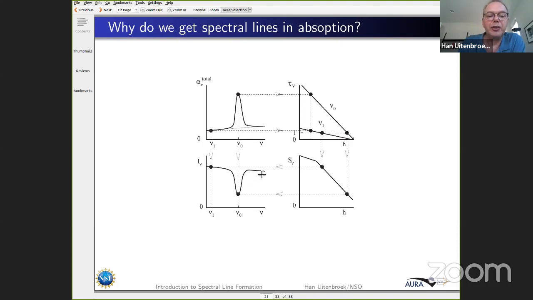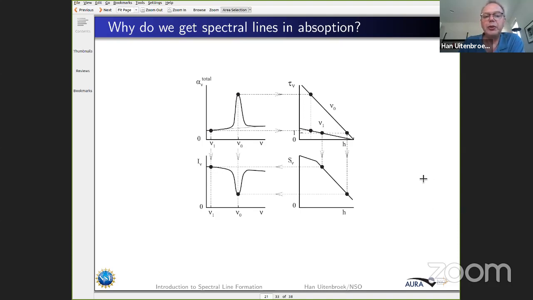So by measuring the polarization at different positions in the line, you also measure the magnetic field at different heights in the atmosphere. By measuring the line shift at different intensity levels in the atmosphere, you also measure the velocity shift, or the velocities resulting in the Doppler shift, at different heights by sampling different wavelengths.